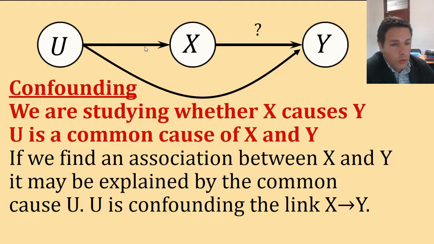So what we need to do is to control for U. We measure the effect of X on Y at one level of U, and then we measure the effect of X on Y at another level of U, and in this way we can establish the causal relationship between X and Y and the strength of the effect of the relationship between X and Y.